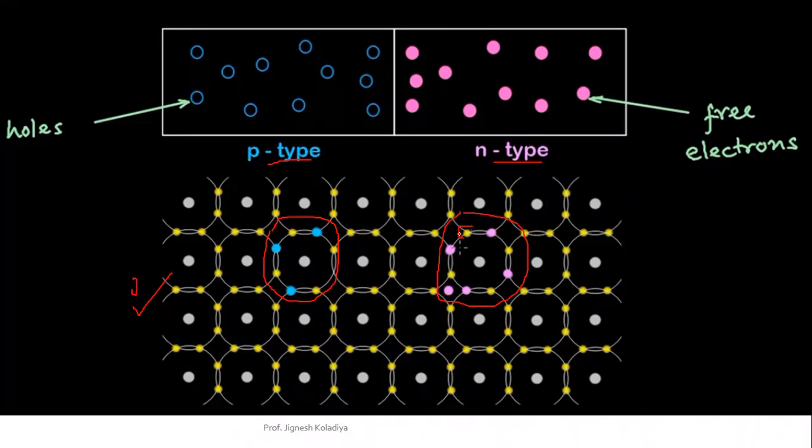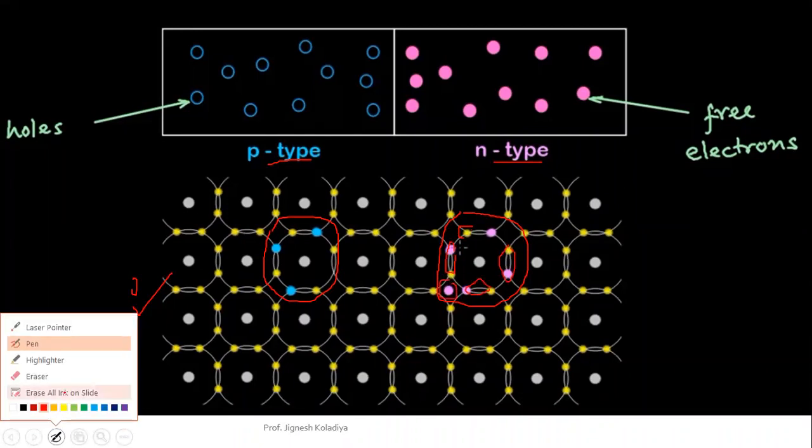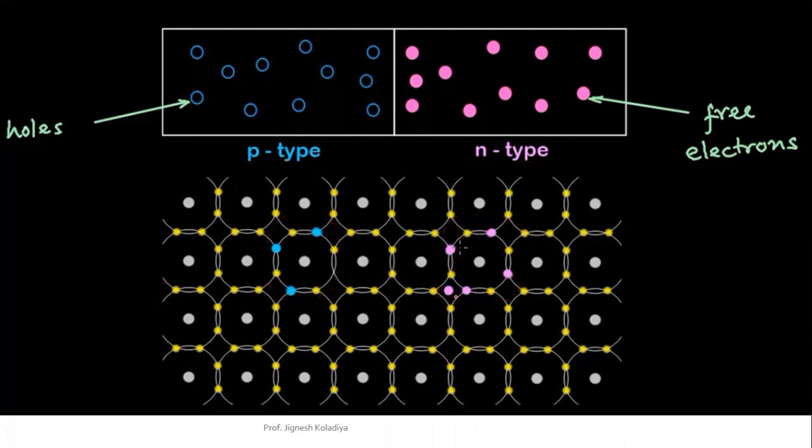So this is one covalent bond, another covalent bond, third covalent bond, and this is the fourth covalent bond. That means 4 electrons are already occupied, but this electron is still free, and it has a tendency to move.